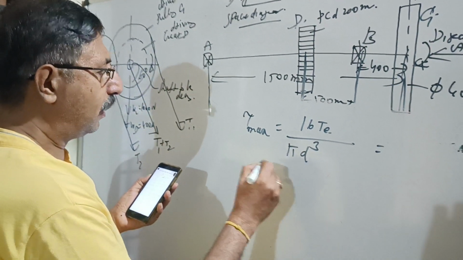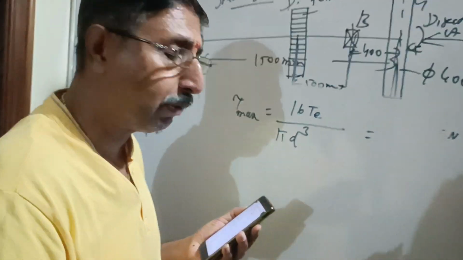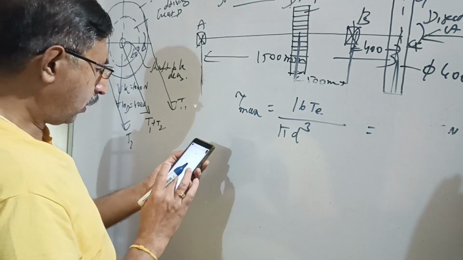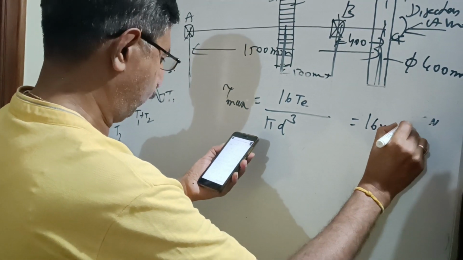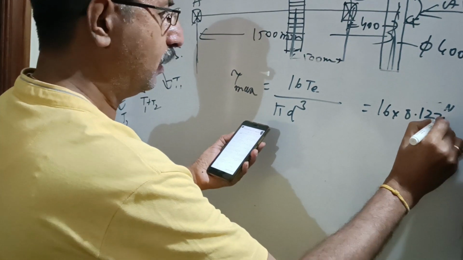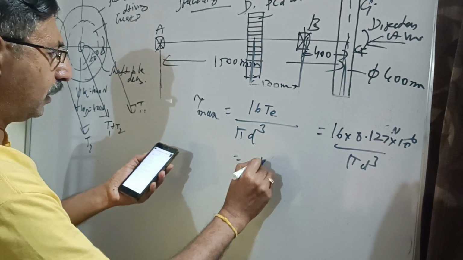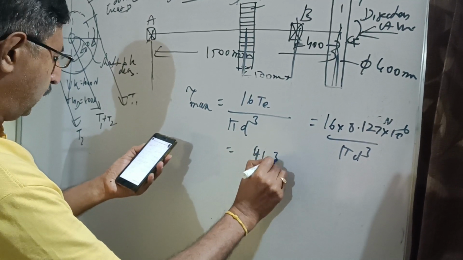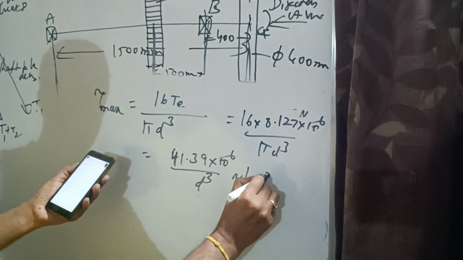Now, for safe design, what is the theory? You have to apply the maximum shear stress theory. If you solve 16 Te, that is 16 into 8.127 into 10 raised to 6 by pi d cube, I get 41.39 into 10 raised to 6 by d cube Newton per mm square.